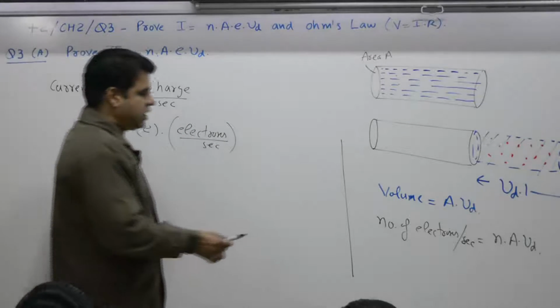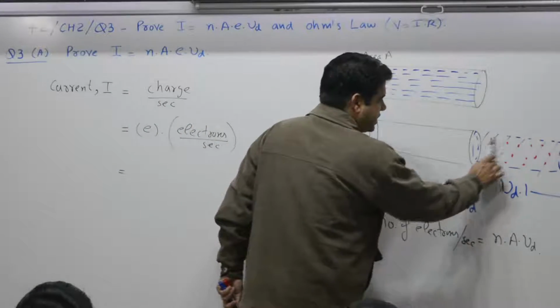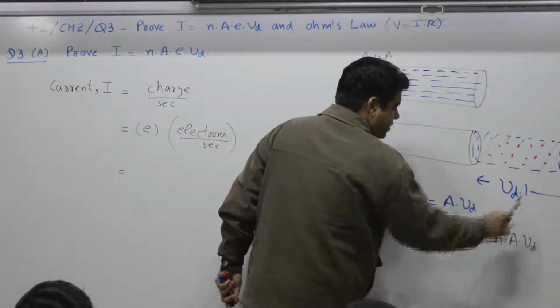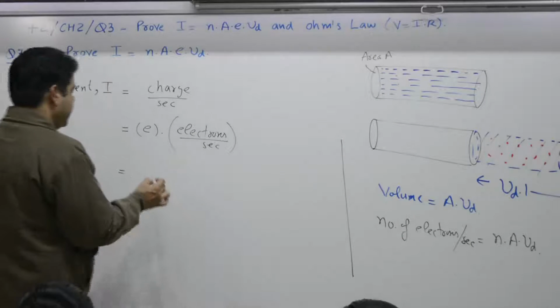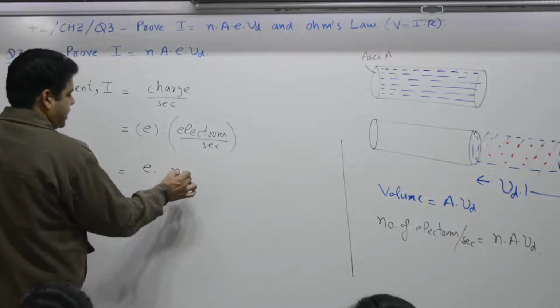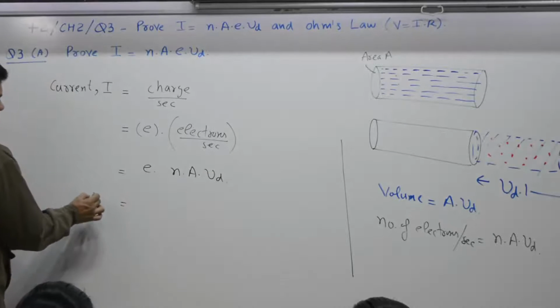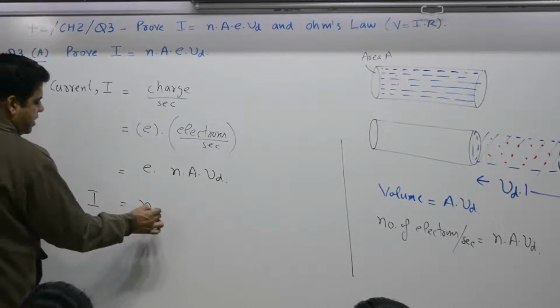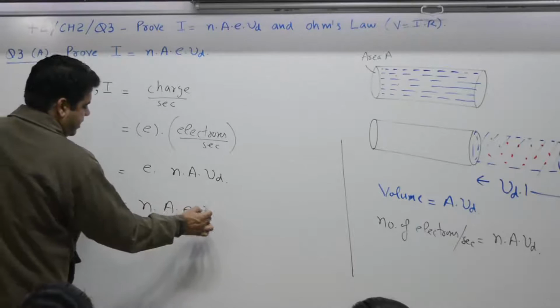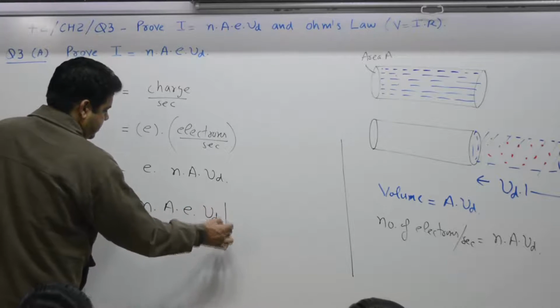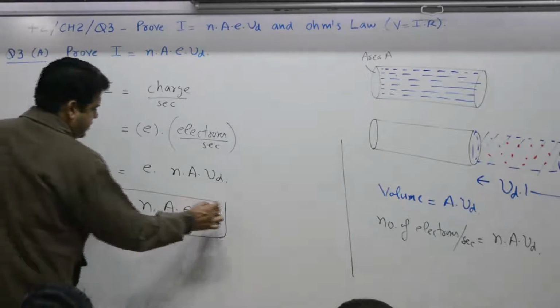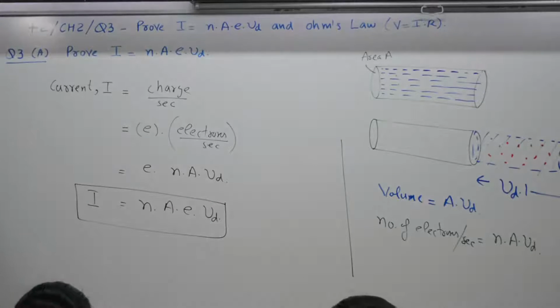This part you have already answered, number of electrons coming out per second. These are all red color, meaning electrons. How many? nAVd. I is equal to what? nAeVd. Two minutes with you to complete.